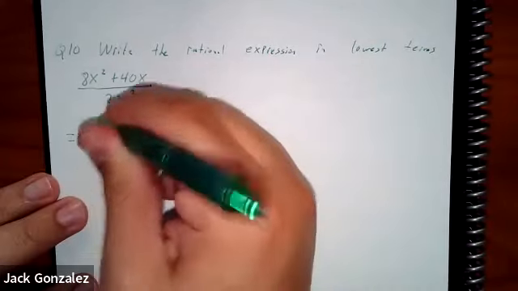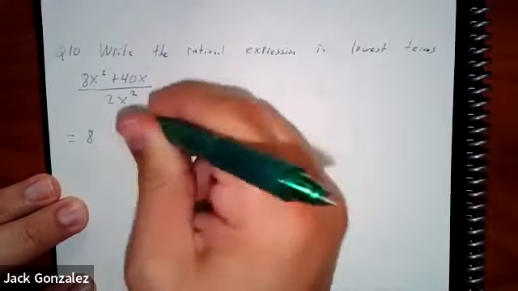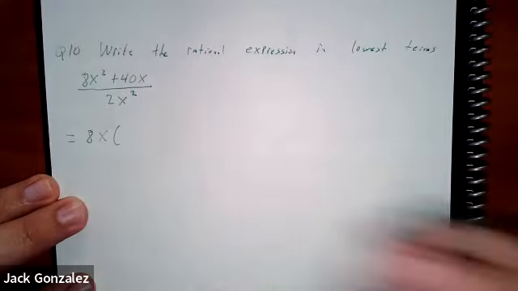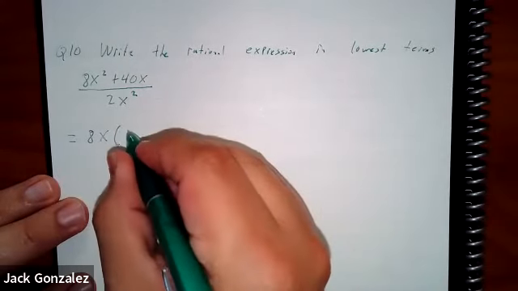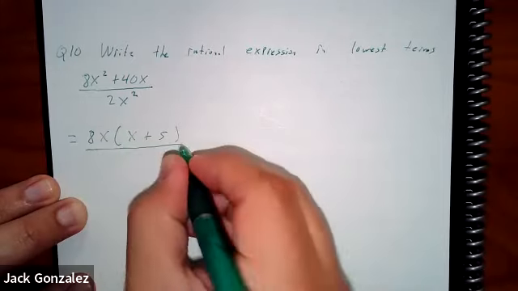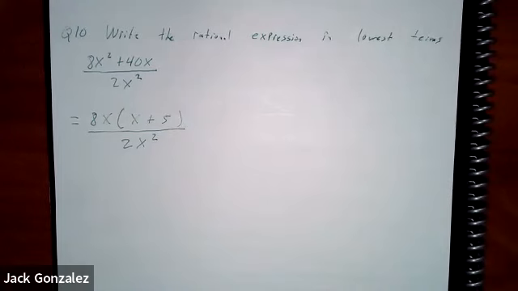Oh, you said 8x, right? So factor 8x from the top. You will be left with x plus 5. Notice that now we have products. You can cancel stuff here.